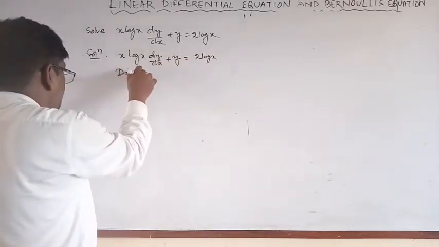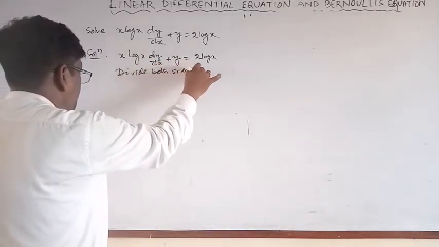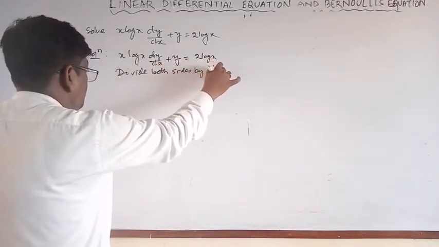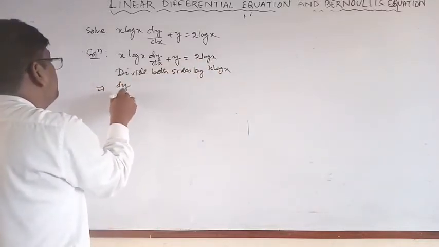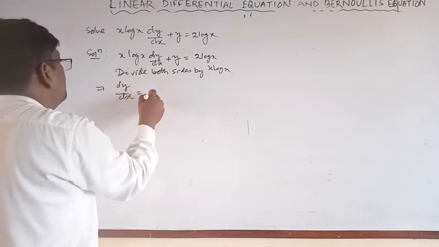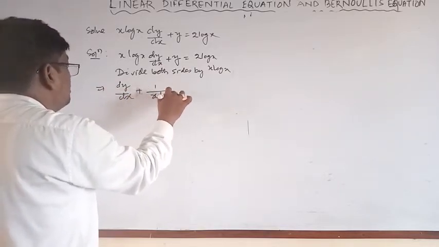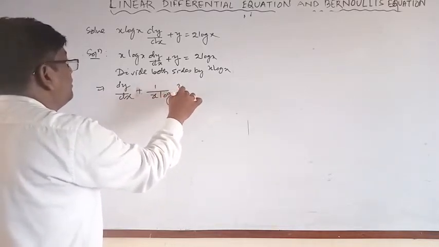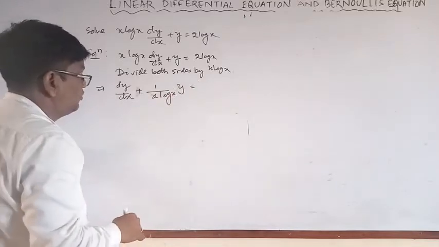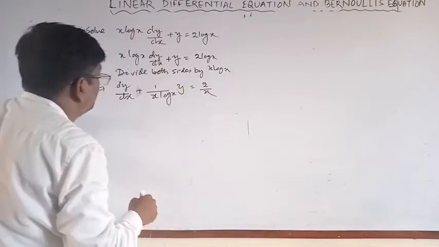Divide both sides by x into log x. That implies dy by dx plus 1 by x into log x into y is equal to 2 by x.